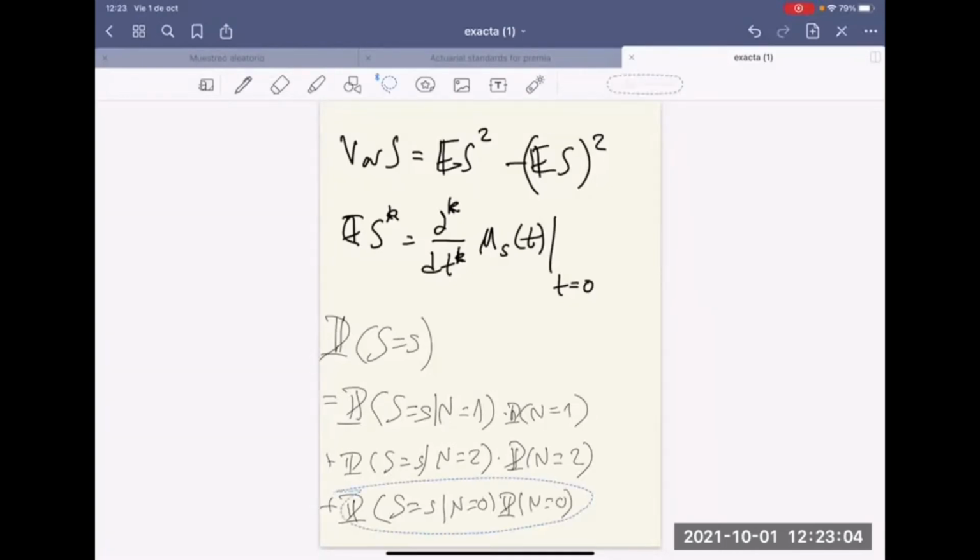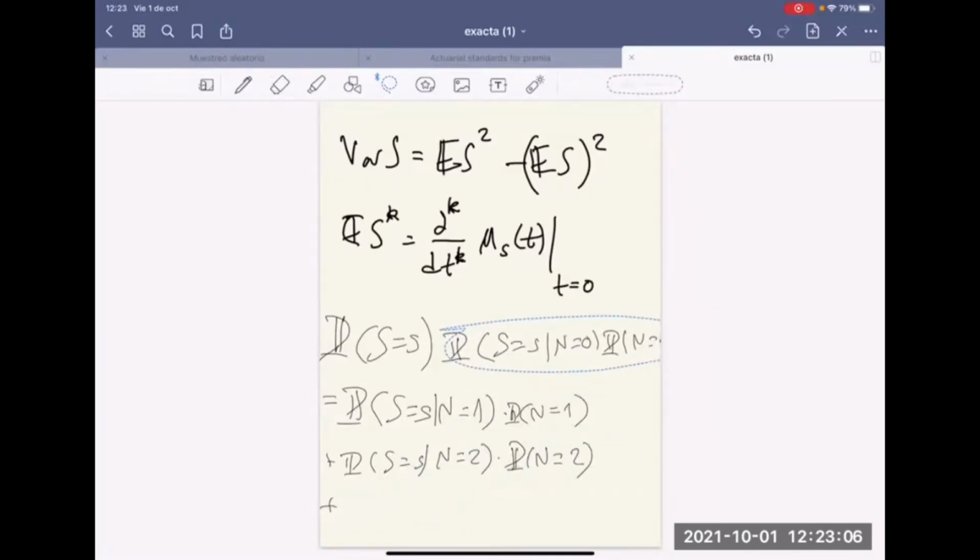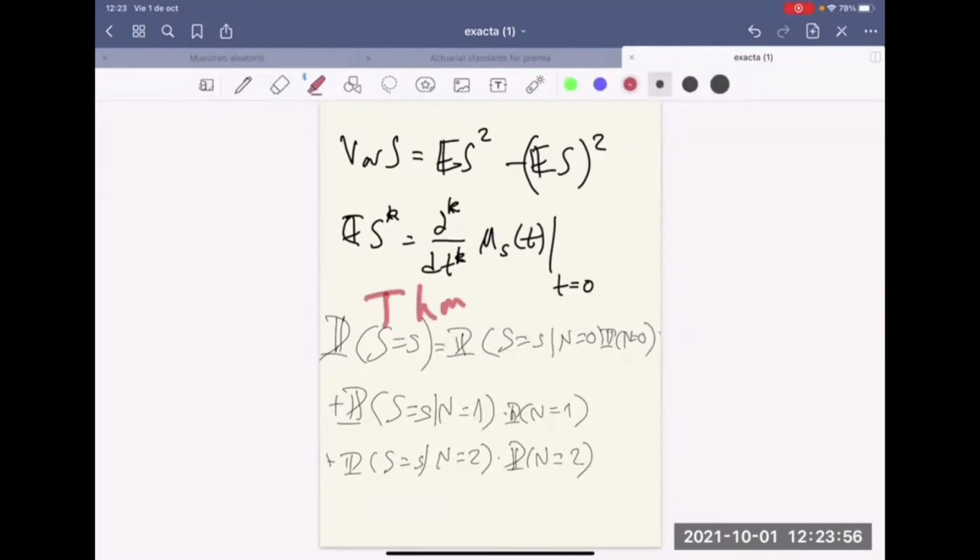Do you know if what I'm doing here has a name? This is just the theorem of complete probability, or the theorem of total probability.